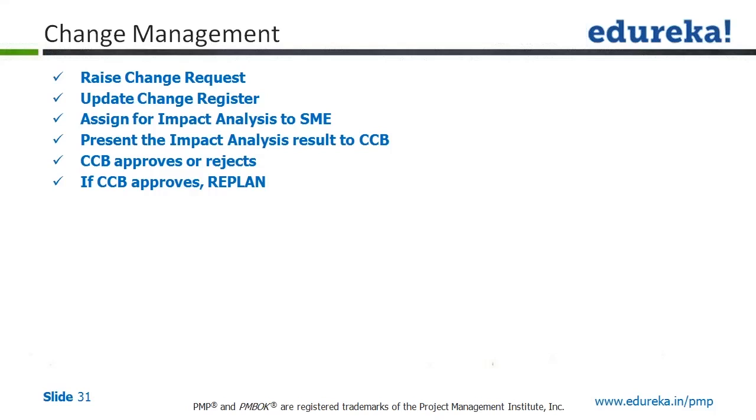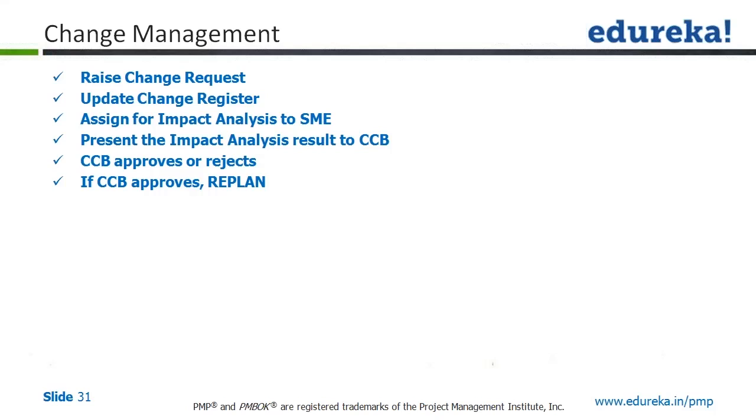And in case the change control board approves a particular change, in that scenario, you will have to do the planning all over again because that change would have an impact on all the subsidiary plans and all the different processes. And just think for a while that you had initiated a change request to the time.